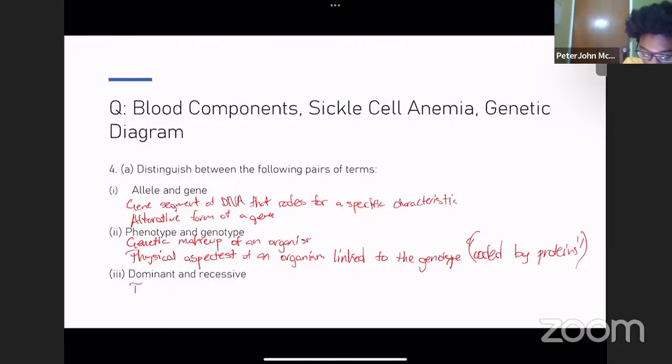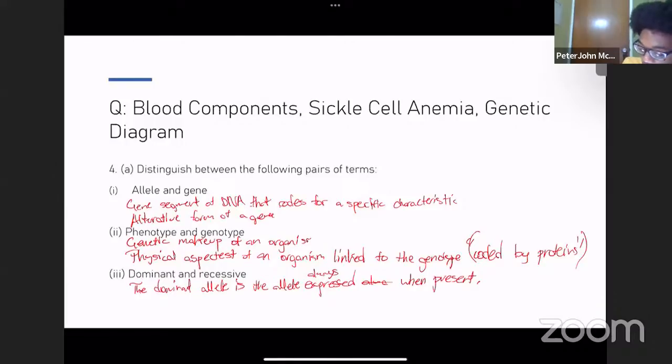I'd put the dominant allele is the allele always expressed when present.